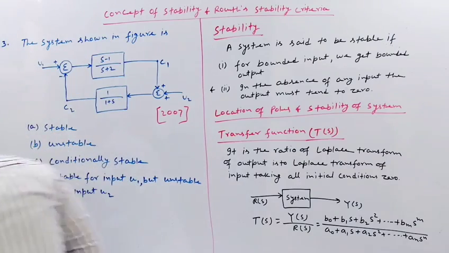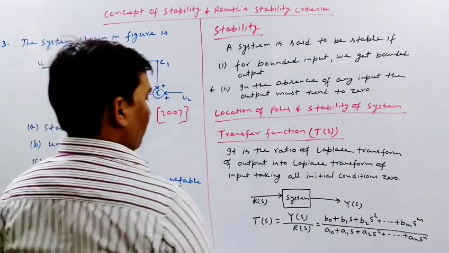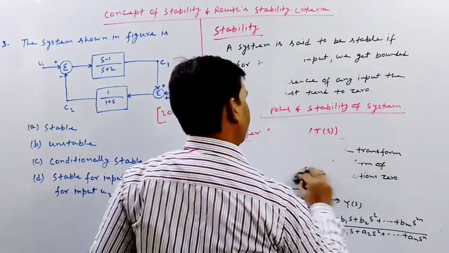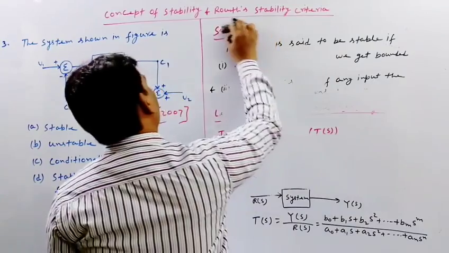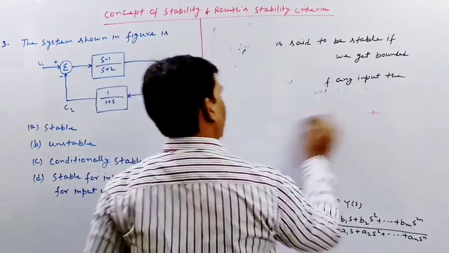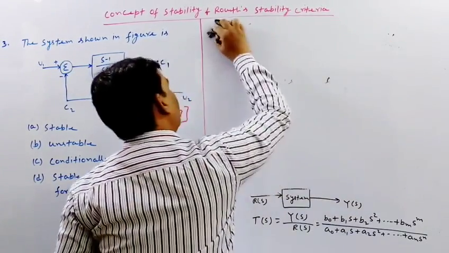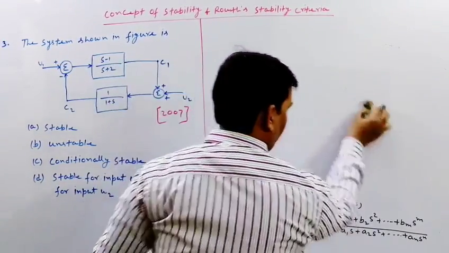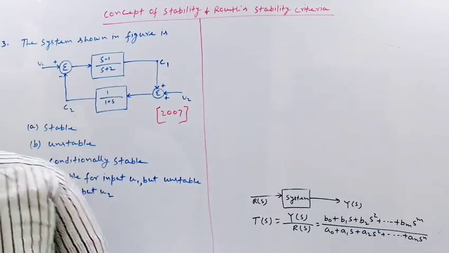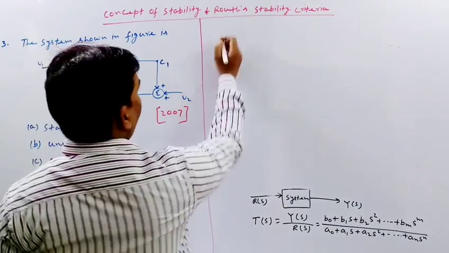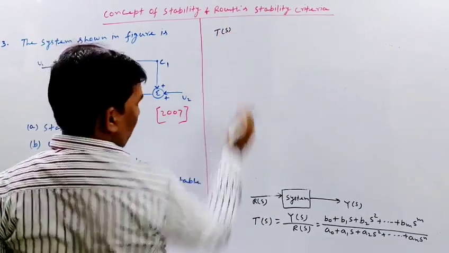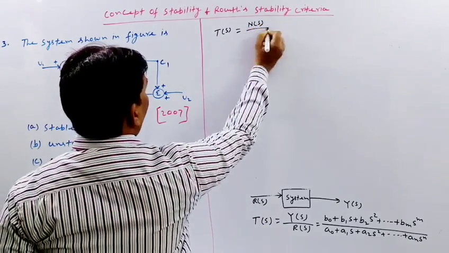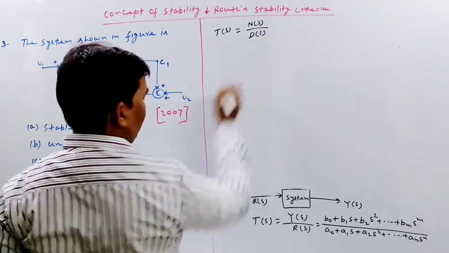Now let me wipe out, then we will explain other things. Now we can write T(s) as N(s) by D(s), numerator divided by denominator.